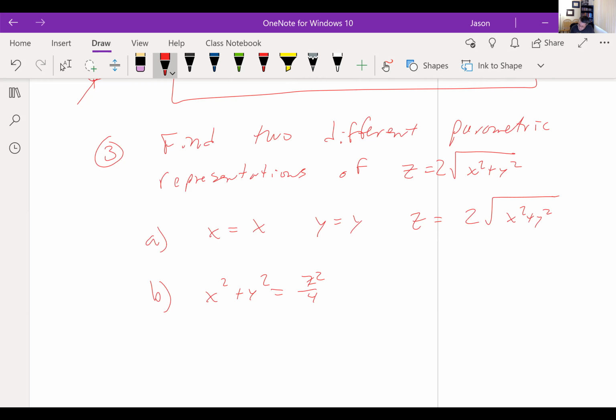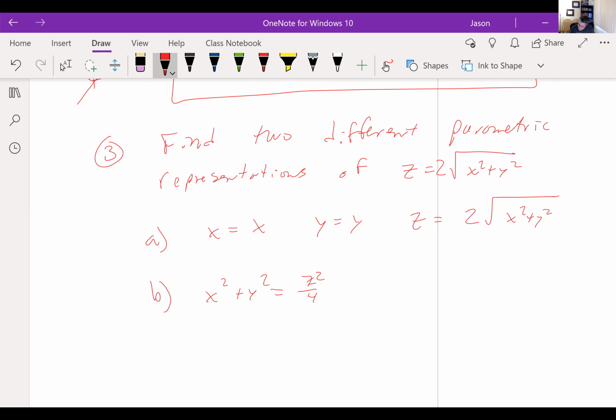There should be x, y, and this is z. Okay, if x, y, and z is a point on the surface S, then we can parametrize this as x equals x, y equals f of x cosine theta, and z is equal to f of x sine theta.